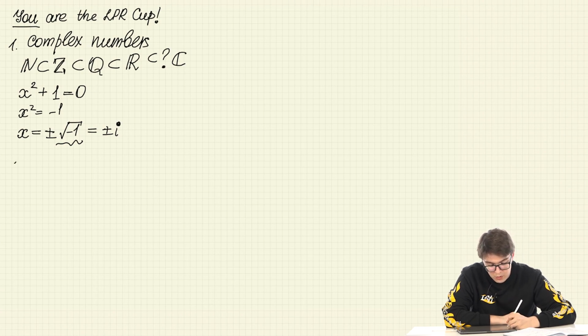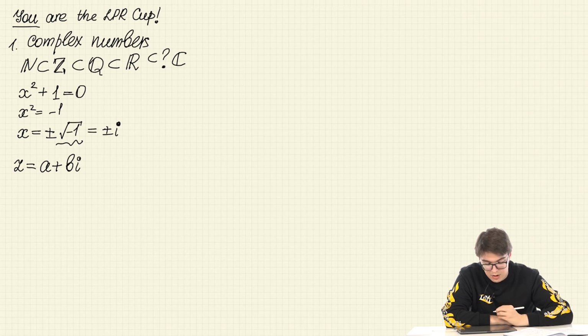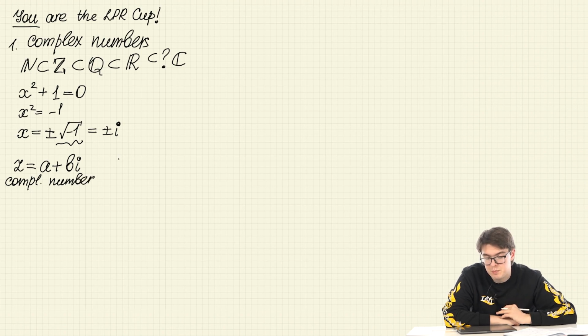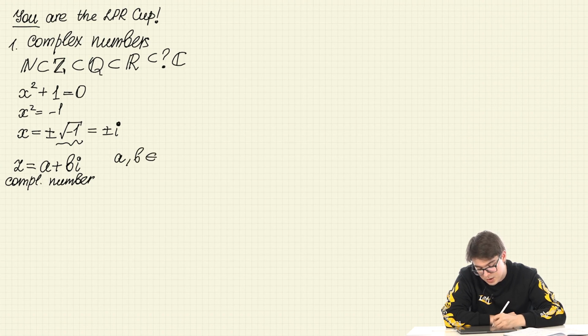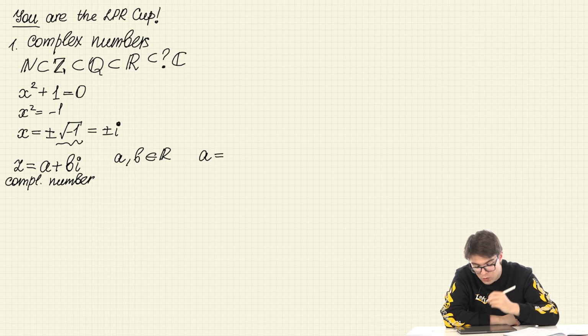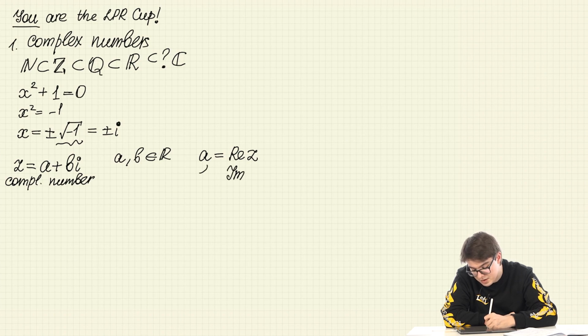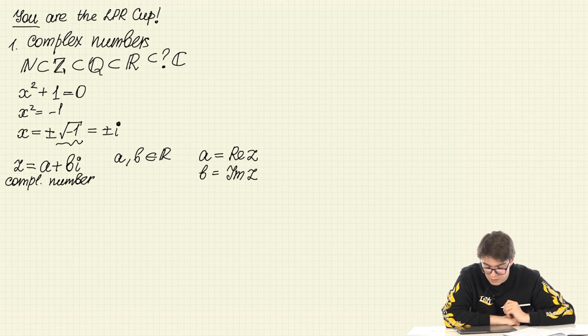So we will call a complex number z equal to a plus bi, where z is the complex number itself, which is parametrized with two parameters a and b, which belong to the real numbers, and they are accordingly called the real part and the imaginary part of a complex number.